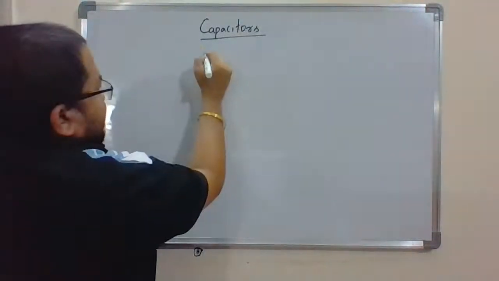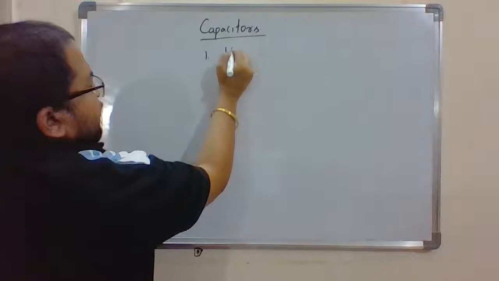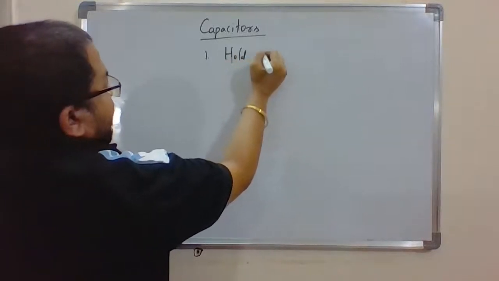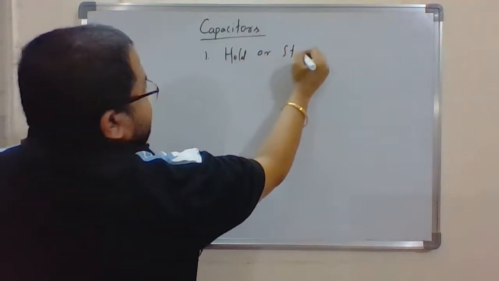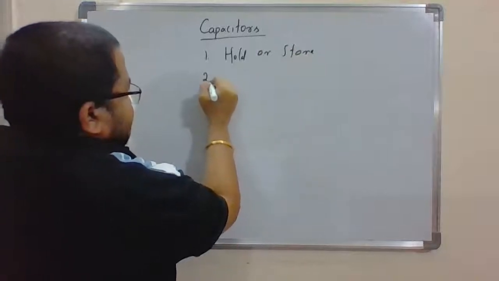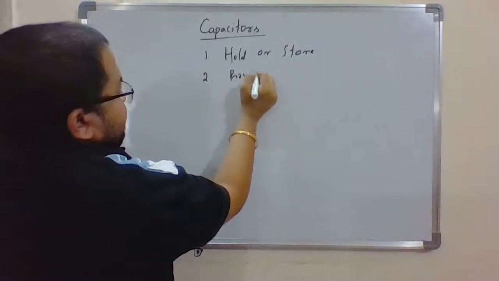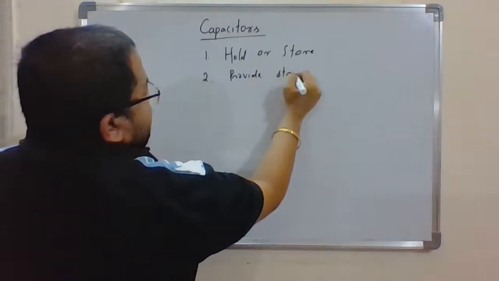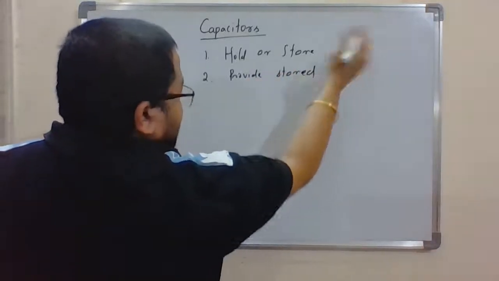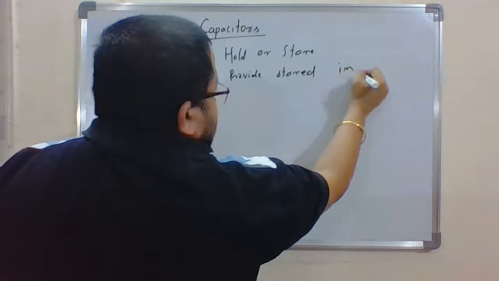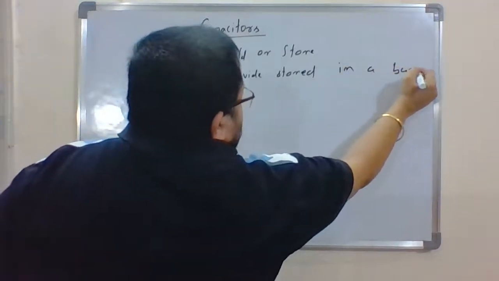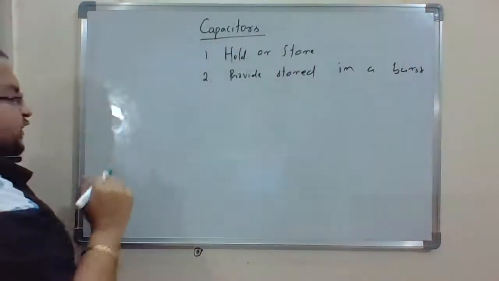So now we said one, it should be able to hold or store charge, and second, it should be able to provide the stored charge or energy in a single burst to the circuit. So those are the two things.